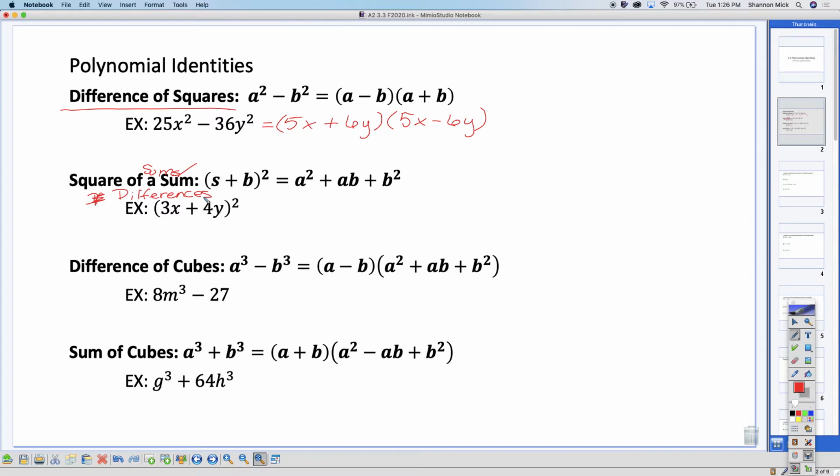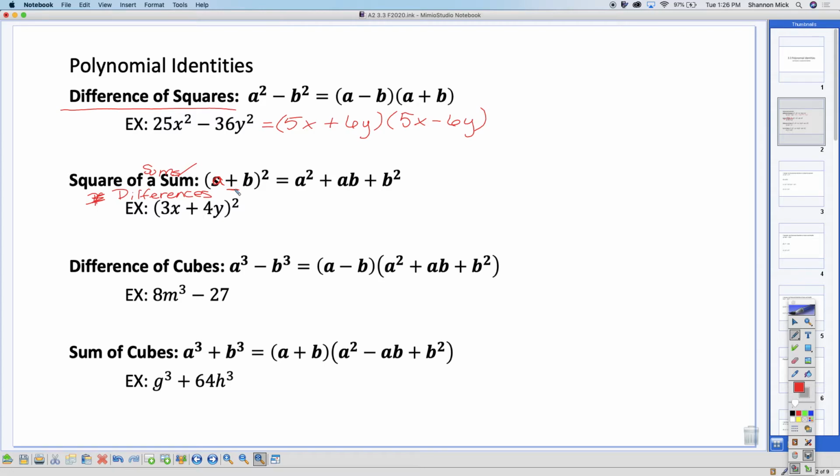Okay, and so the rule is going to be, this should be an A, not an S. A plus or minus B. Okay, works for either one. So this is square of sums. The square is because you see the square on the outside, yes? And when I square something, I multiply it times itself.